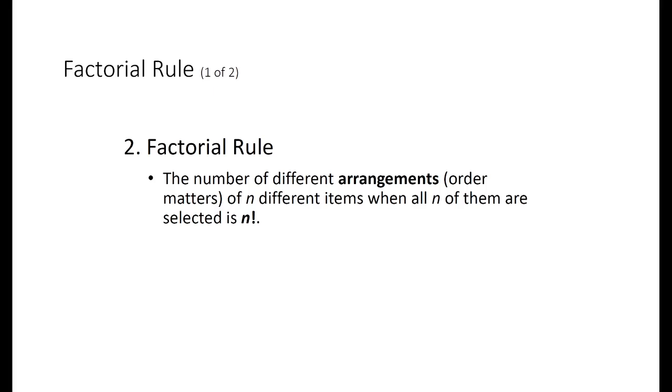Factorial rule. In this section, we are introducing this symbol called factorial. The number of different arrangements, where order matters, of n different items when all n of them are selected is n factorial. So what is n factorial actually?